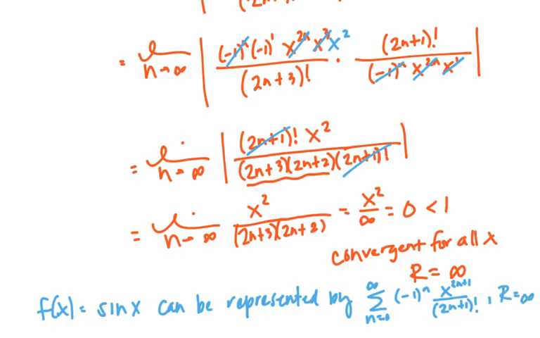So our radius of convergence is infinity, and our interval of convergence is negative infinity to infinity, so we can say for all x.